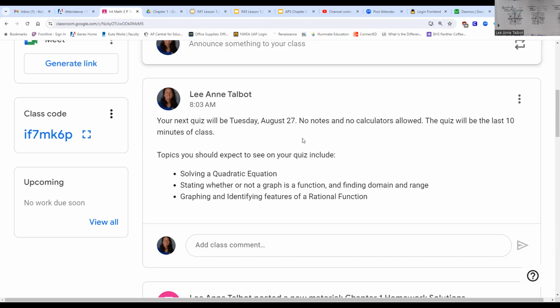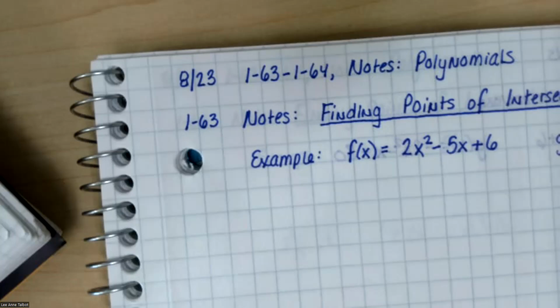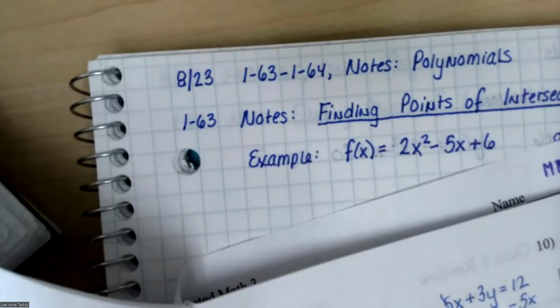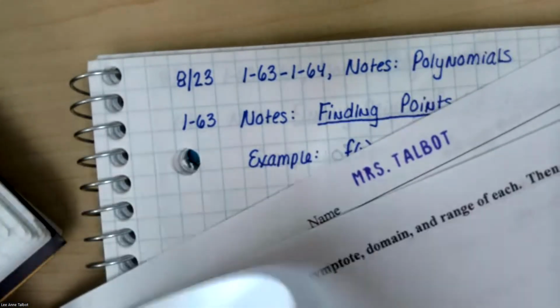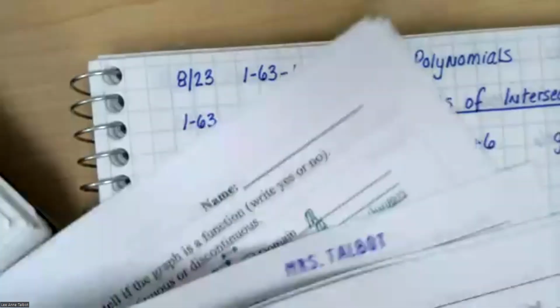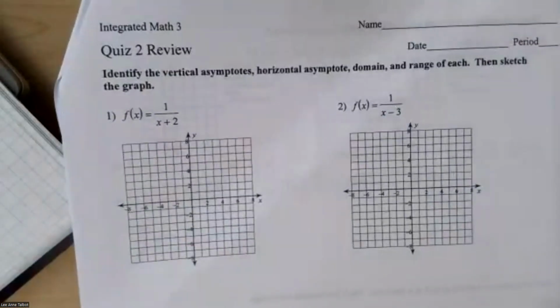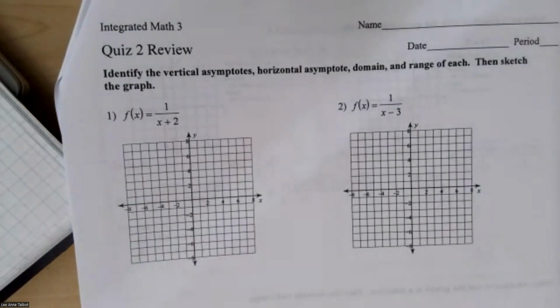Okay, now, the homework. I just had you put your packets away, but the homework is the quiz 2 review. Let me show it to you up here. All right. This is the homework.